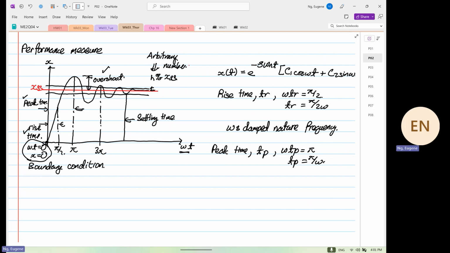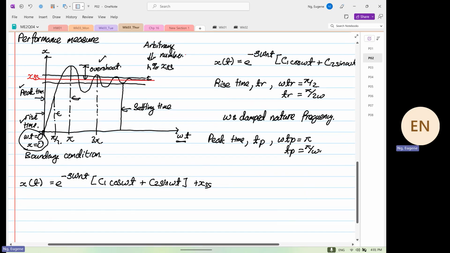So from here, I don't know what to do now. Boundary condition. So x as a function of time is equal to e to the minus zeta omega_n t, bracket C1 cos omega t plus C2 sine omega t plus x_ss.